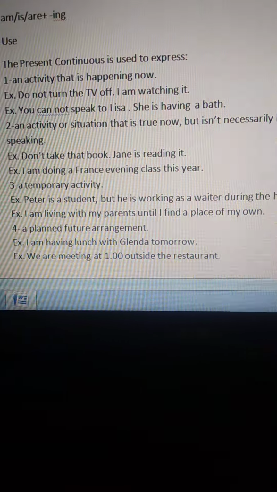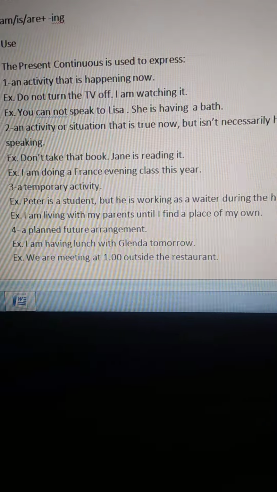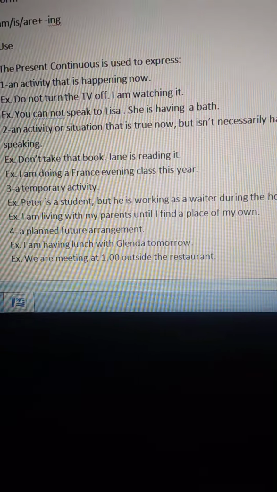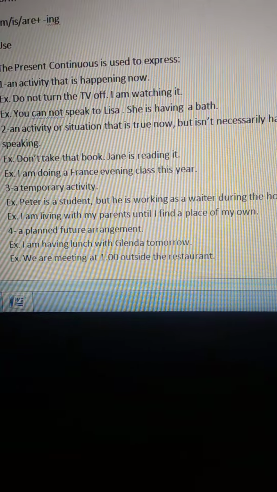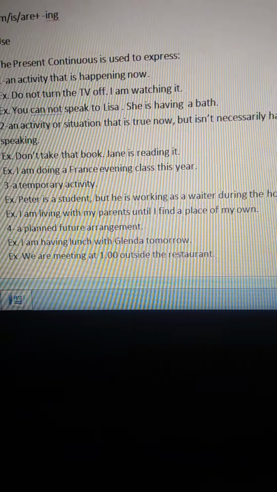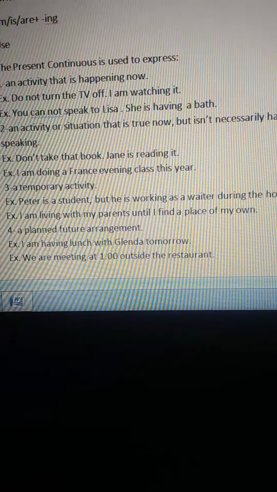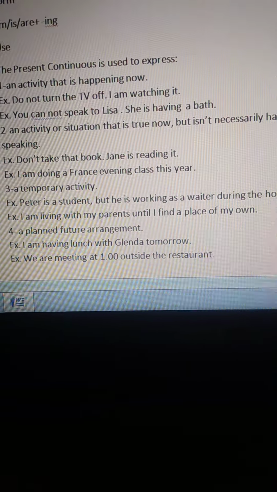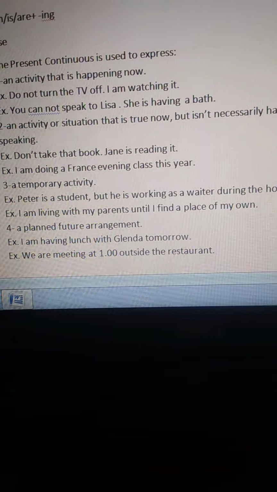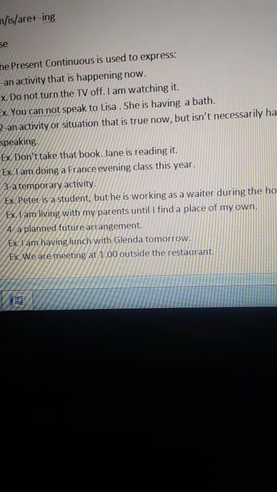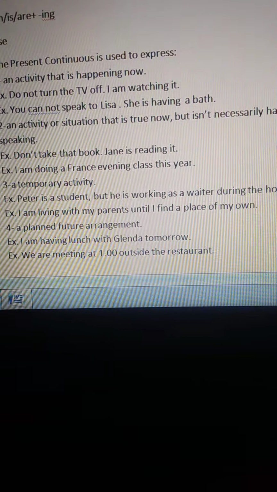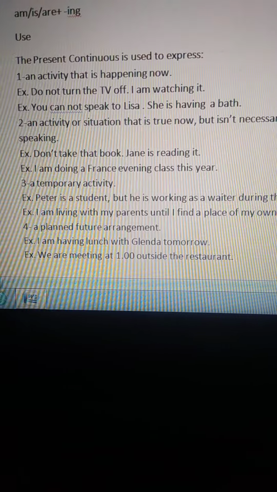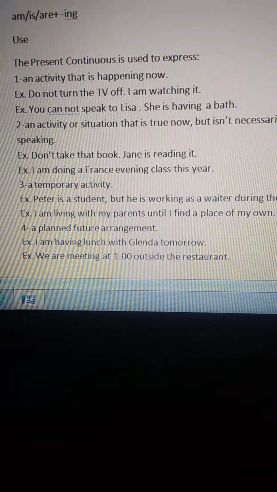She is having a bath. The grammatical structure refers to the sentence: She is having a bath. Subject, auxiliary verb, verb plus ing.